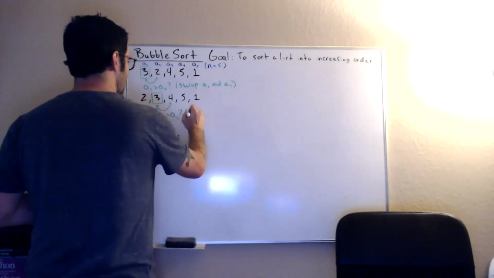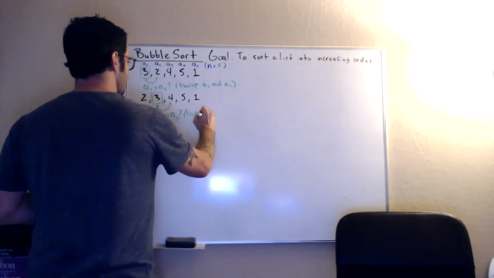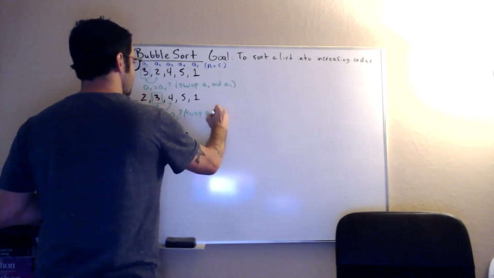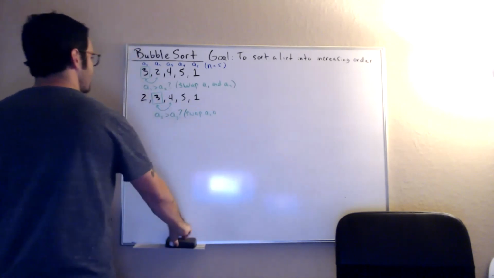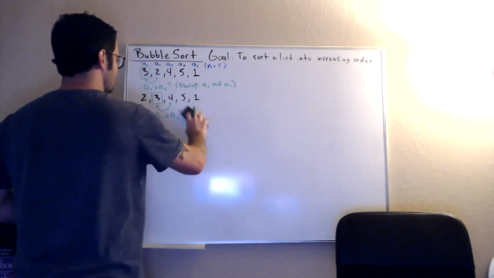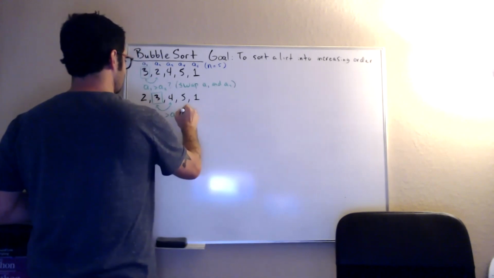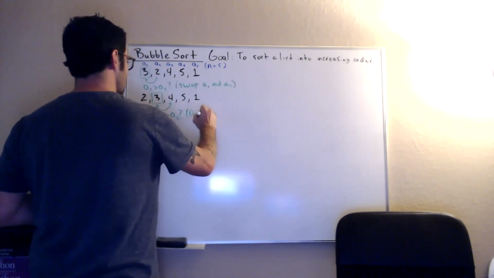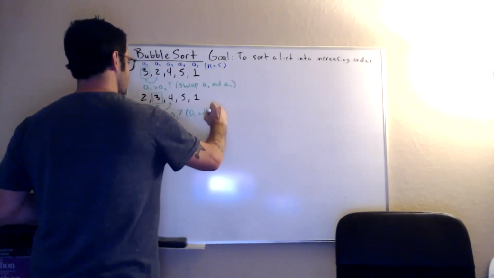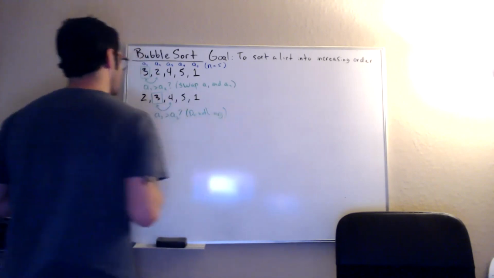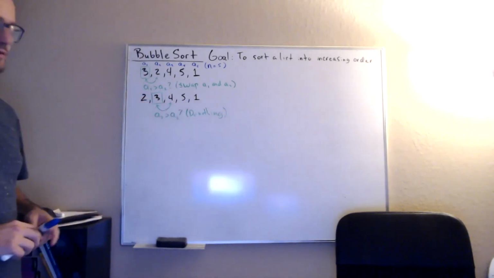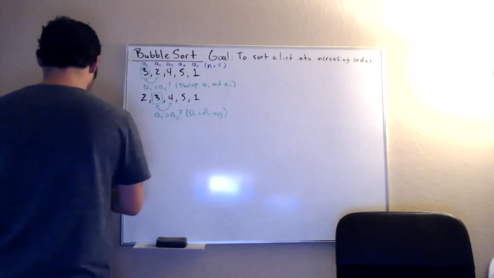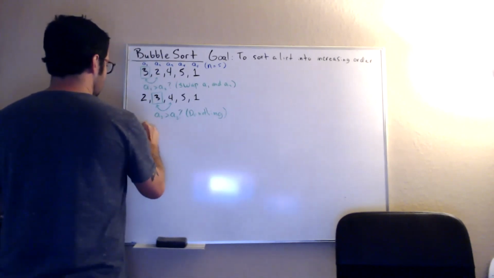So we're going to swap A2 and A3. Oh no, it's not greater, sorry. So we don't do anything. So do nothing. Okay, because A2 is not greater than A3. And then we move down again.